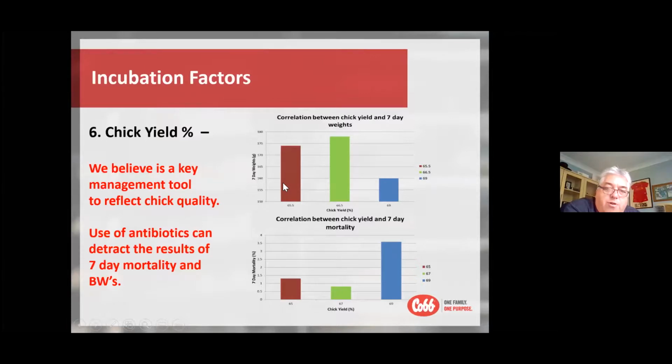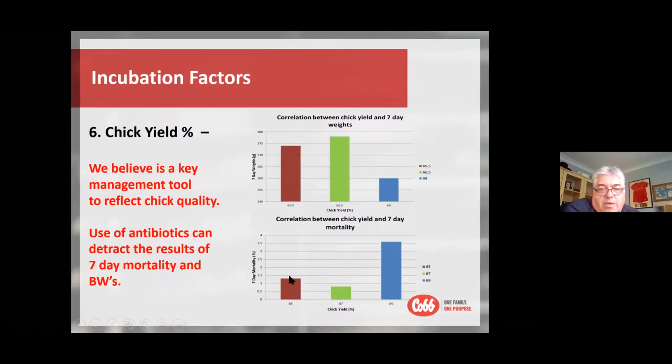The first graph here shows a correlation of the chick yield to 7-day weights. You can see that the high chick yield, from lower temperatures, was negative to 7-day weights, because that chick is relying on its yolk early on rather than feeding and eating.